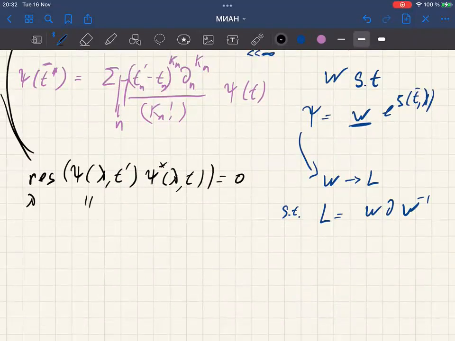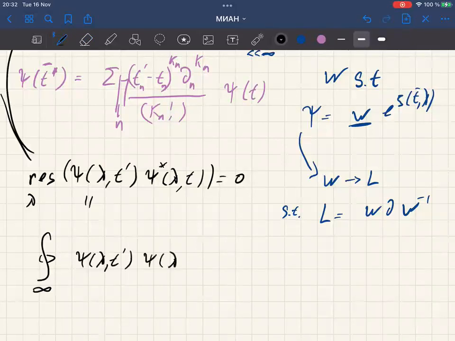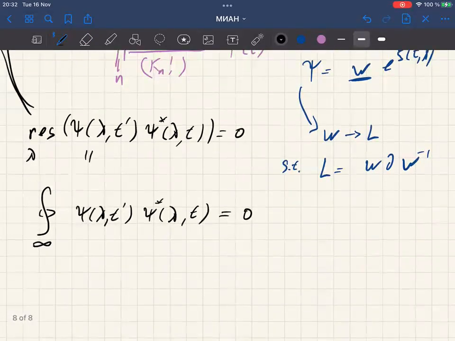And this could be written as an integral over a contour near infinity of psi(lambda, t prime) psi adjoint(lambda, t) equals 0, which is some form of the well-known bilinear integral Hirota equation.